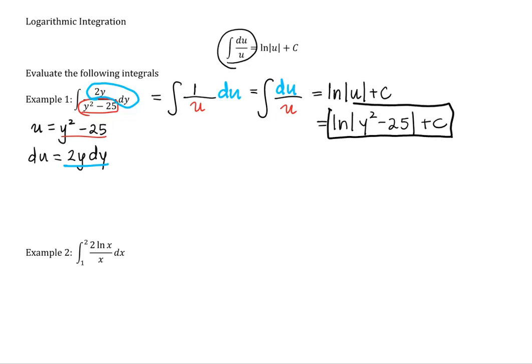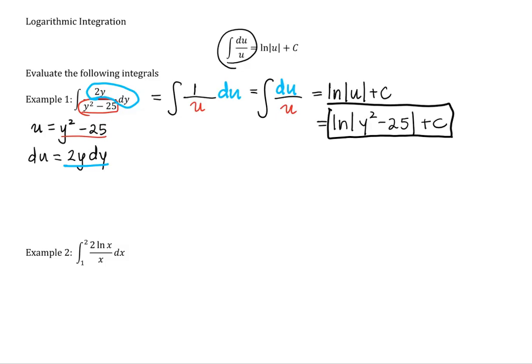So let's talk about how I knew what to choose for u. As I'm sure you've already experienced with your exposure to integration, as you're integrating functions, one thing that you will look for is: if I choose u to be something that is in the denominator, will the derivative of that thing be in the numerator?